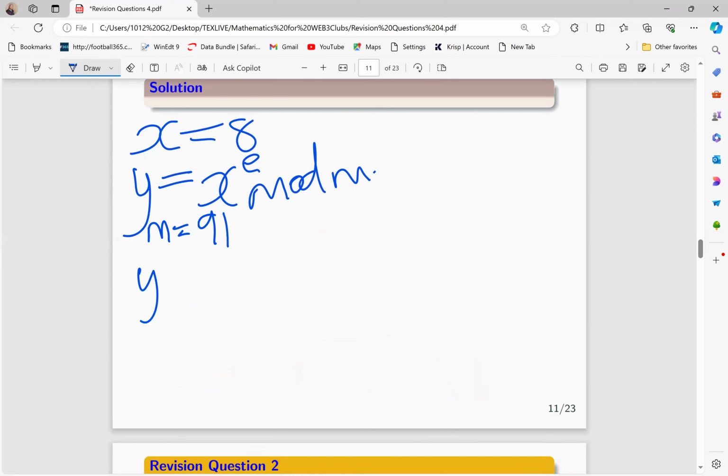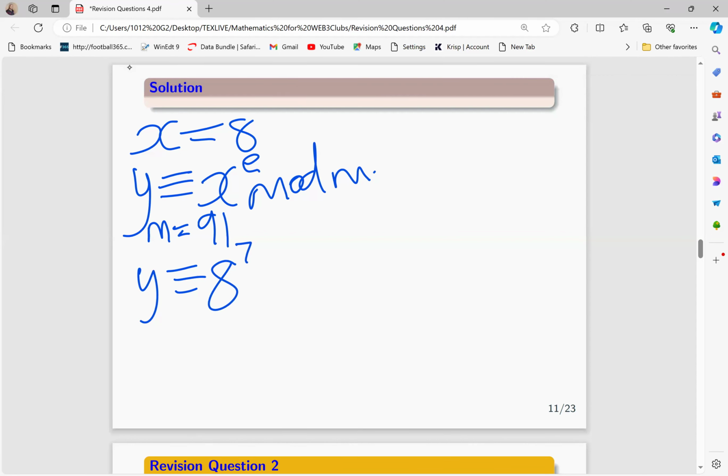So Y is congruent to our X, which is 8, power our E, which was 7, mod 91. We can get 8 power 7 very easily.